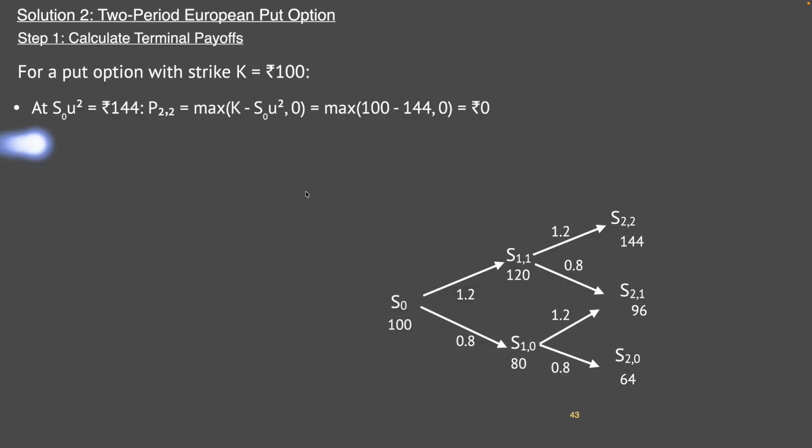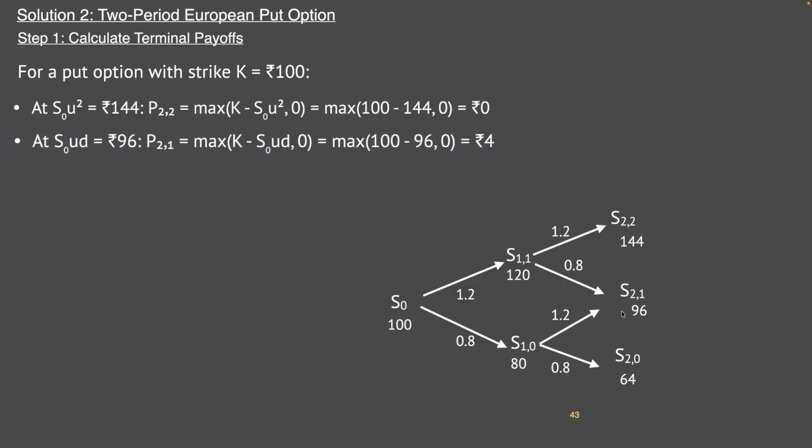Okay, the option value. Now at this point, that is S0UD, when the value of the underlying is 96 rupees, it is max of K minus S0UD or 0, which is nothing but 100 minus 96 or 0, where 100 minus 96 is 4. See, 4 is greater than 0, as a result of which the value will become 4.